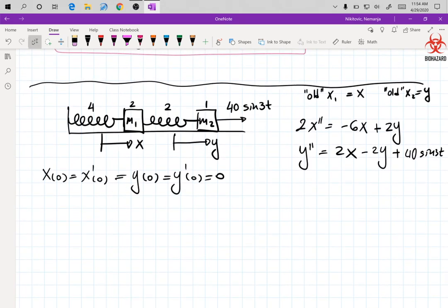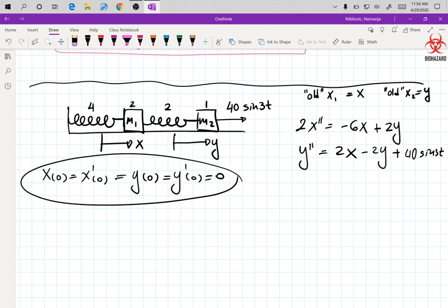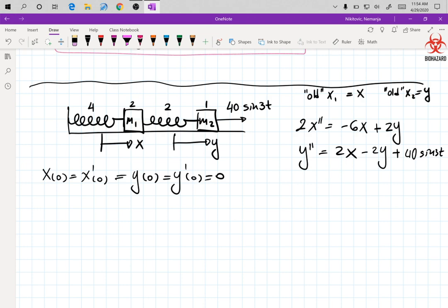Cool. Well, let's transform these systems. Now, because of this, all of those f of 0 and f prime of 0 and all of that stuff, that's all zeros. So we can just transform the equations. And now, since we have x and y, I can't use f of s anymore. I have to use capital X's.